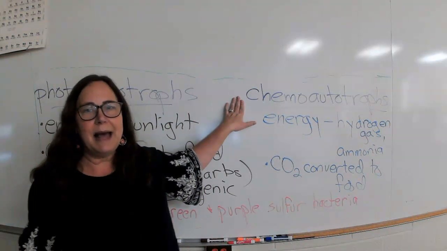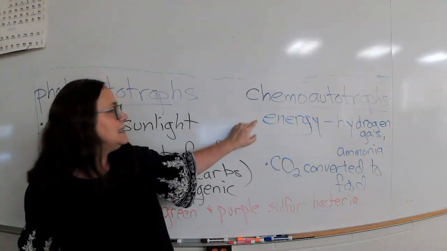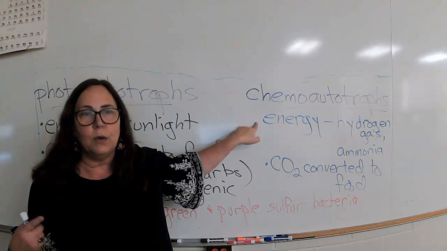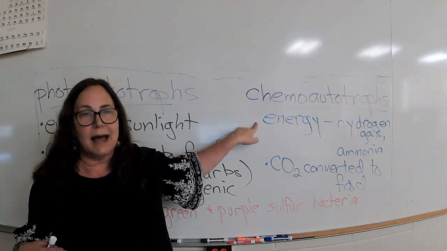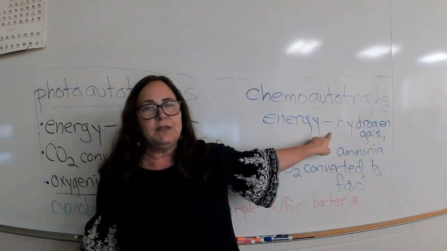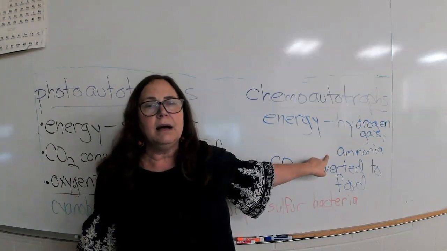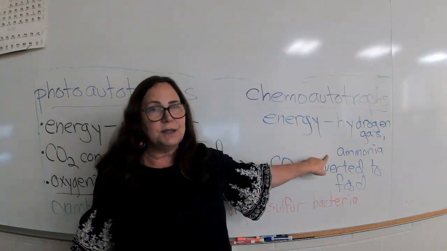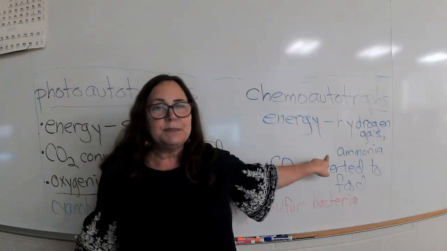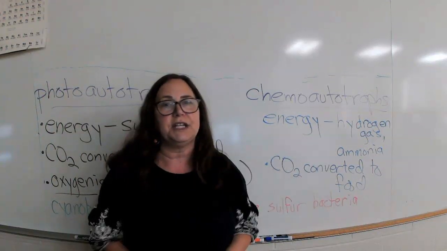Then we have some bacteria that are classified as chemoautotrophs. That means their energy comes from chemo, or chemicals, instead of sunlight. Some of the chemicals that they would get their energy from, some of them can break down hydrogen gas or ammonia. These substances are toxic to most living things, but these particular bacteria use these substances for energy.